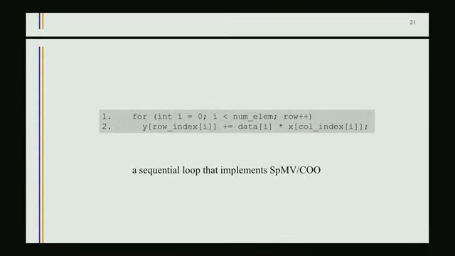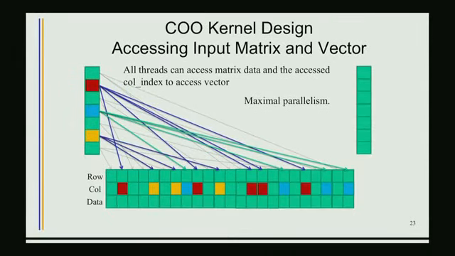So when we think about this, here's the code. The code is remarkably easy. Well, I've removed all the other lines, but that's the code. The problem is, I have to protect that update to y with an atomic.